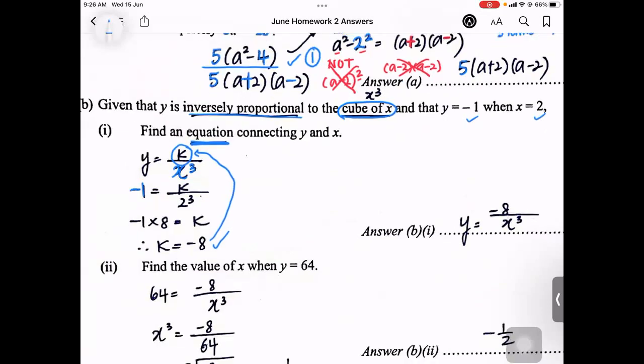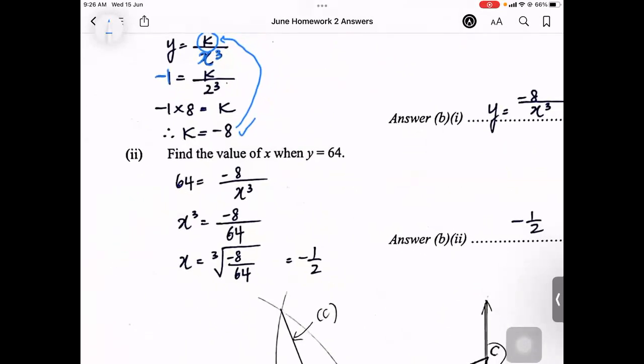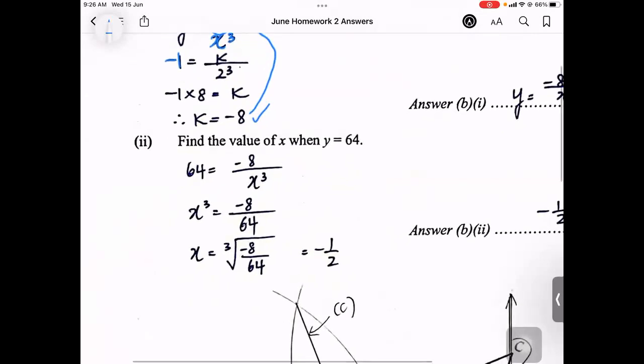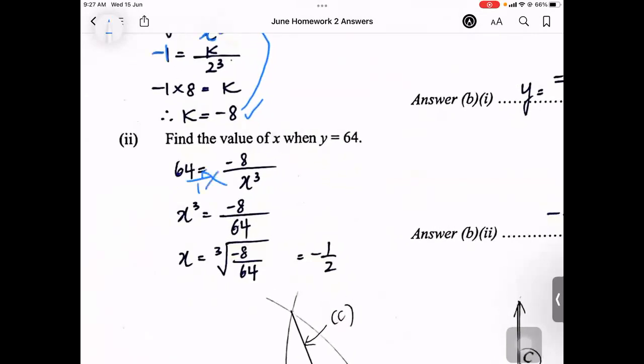Secondly, next part, find the value x when y equals to 64. So y is equals to 64. I can do a cross multiplication. So this one will be 64x cubed equals to -8. I want x cubed, I don't want 64. So I divide both sides by 64.